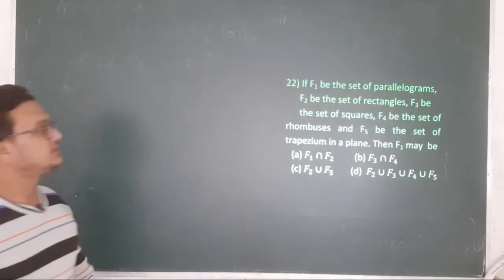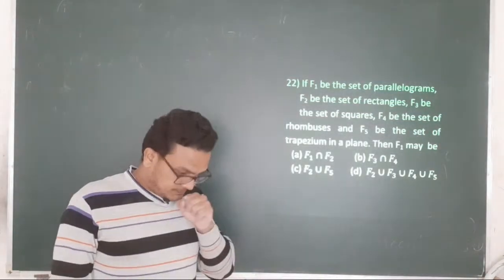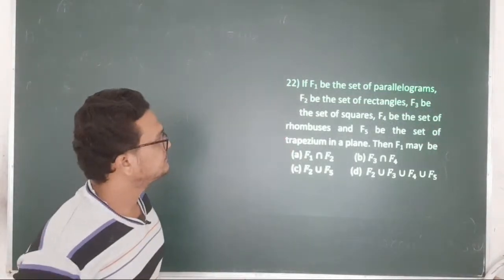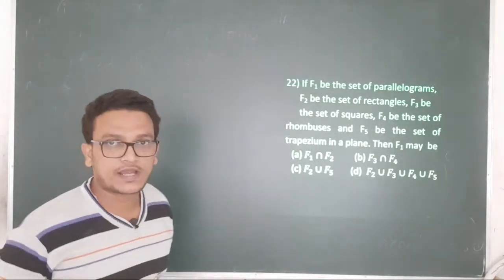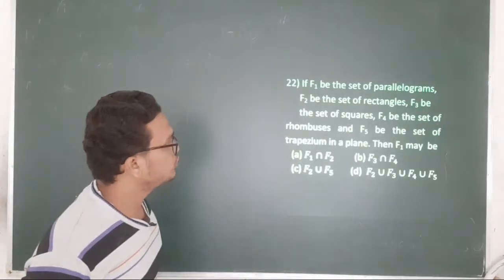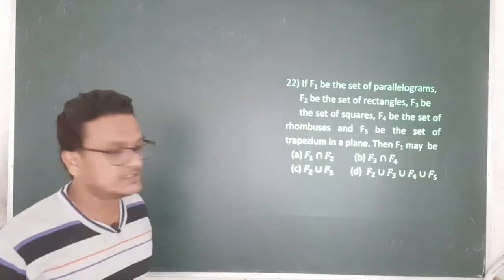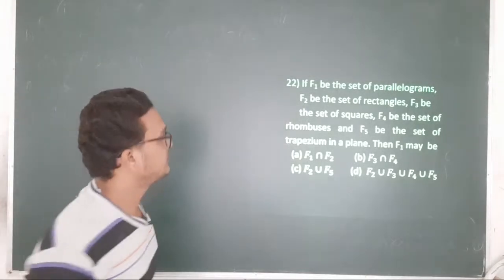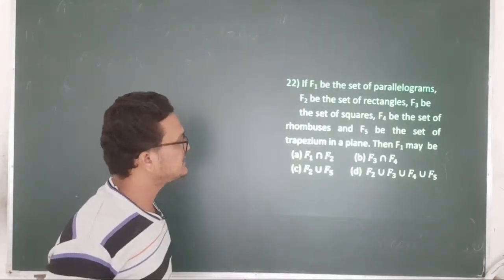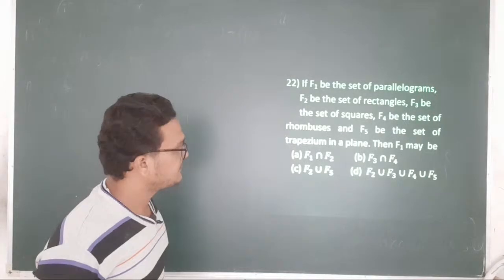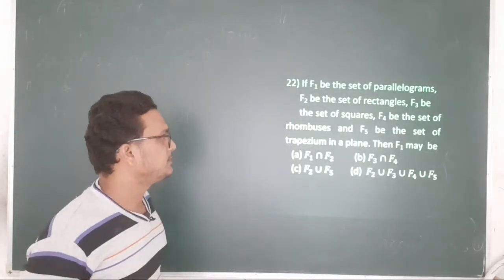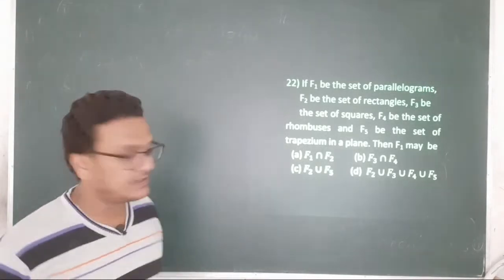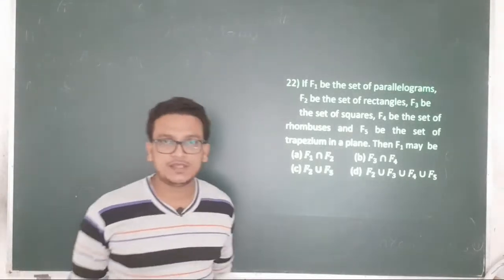Okay, what is this question here? If F1 be the set of parallelograms, F2 be the set of rectangles, F3 be the set of squares, F4 be the set of rhombus, and F5 be the set of trapezium in a plane, then F1 may be.